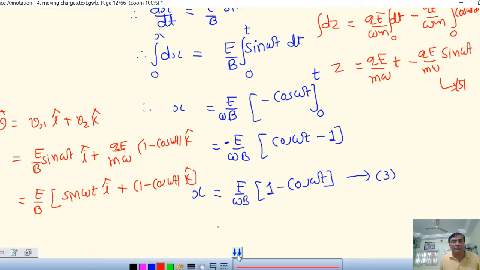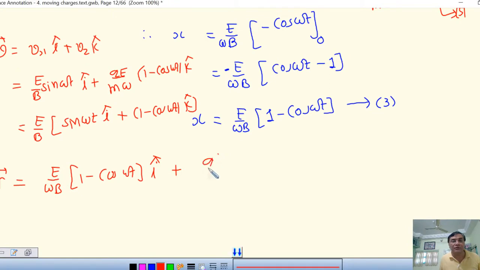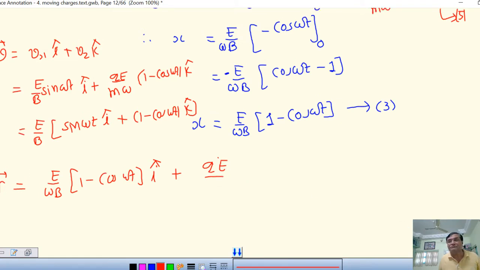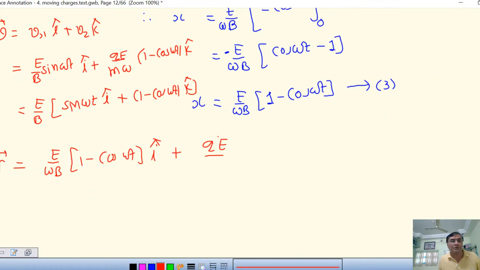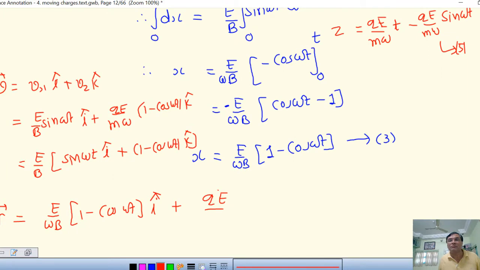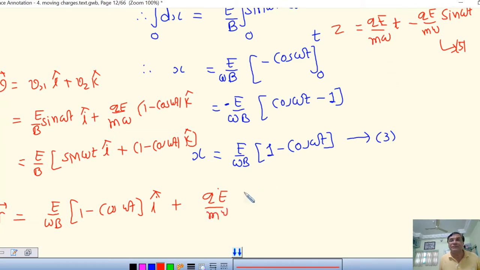So this is the velocity, and if you find the position, you will get x as E upon omega b times 1 minus cos omega t in the direction of i, plus the z component, qe upon m omega times one minus sin omega t in the direction of k.